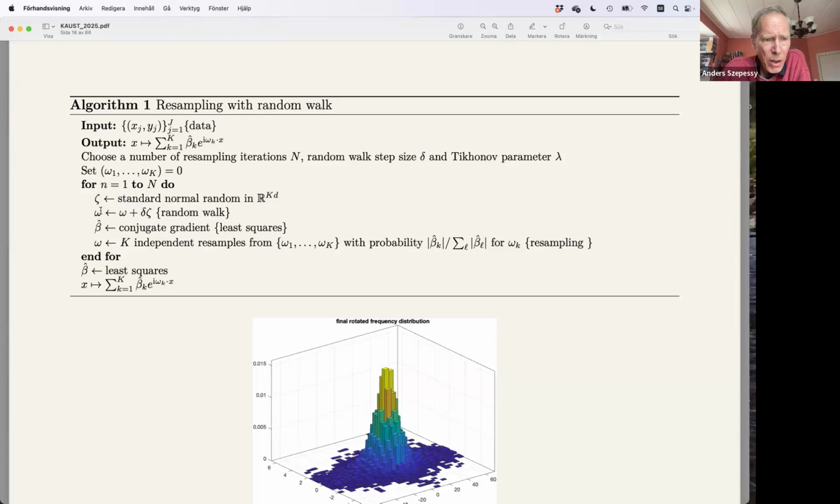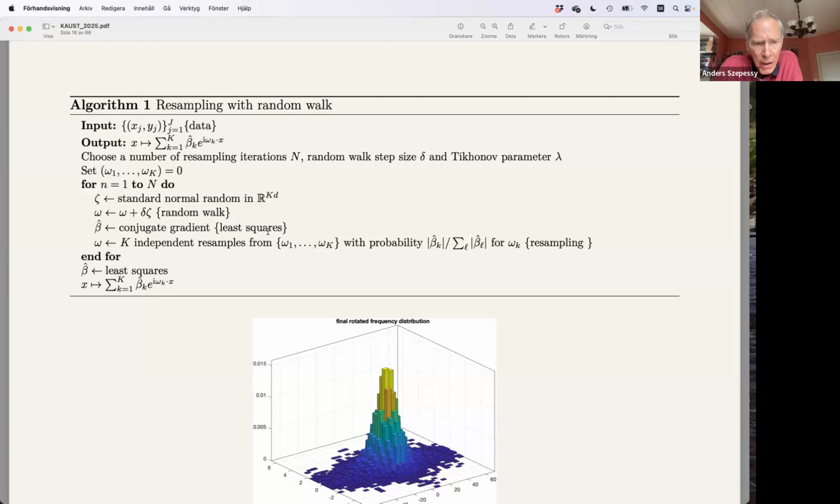So now we don't have 0 anymore. We have frequencies which are described by this standard normal times delta. Then when we have these frequencies, we can solve the least squares problem for the neural network and we obtain the amplitudes.